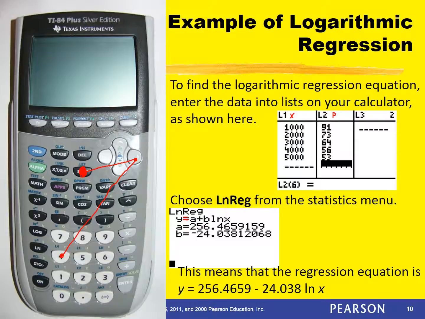So the regression equation is y equals, after the substitutions, 256.4659 minus, and the b, okay, so negative 24.038 ln x.